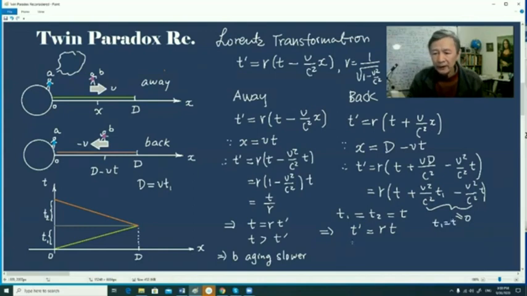It means that on the way back, this relation is true: t prime is actually larger than t. Can you see that? In other words, compared with the local time, the time on the moving frame is getting longer.